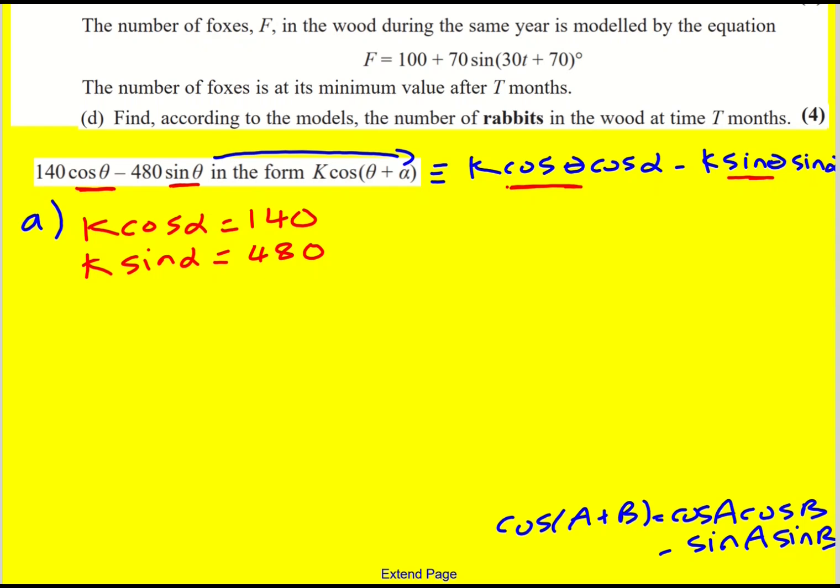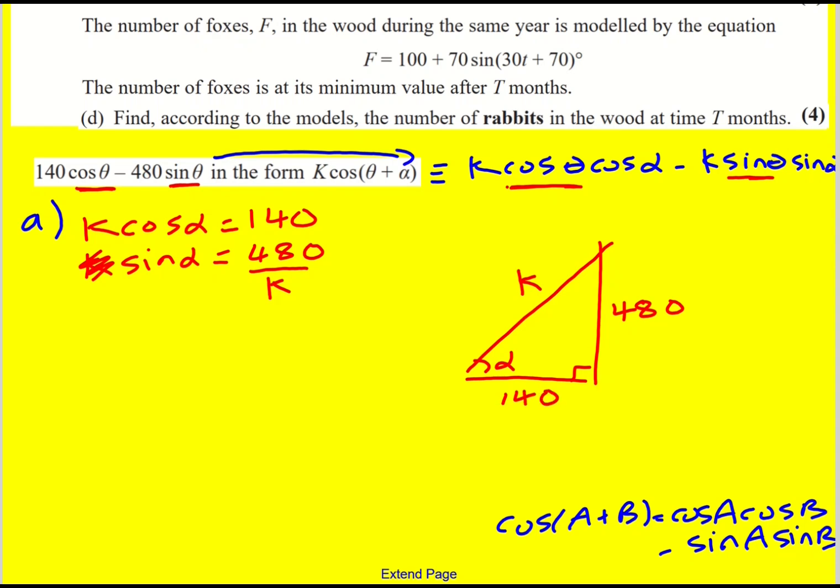Okay, now we're going to find K and alpha. There's lots of different ways you can do it, but a nice one involving understanding is to rearrange. Let's start with K sine alpha, and I'm going to divide through by K. So now if I identify this acute angle in a right-angled triangle, then I'd have the opposite as 480, and the hypotenuse as K. And if I do the same with cos alpha, I'm going to get 140 over K. So now the adjacent would be 140, and this has to be the setup.